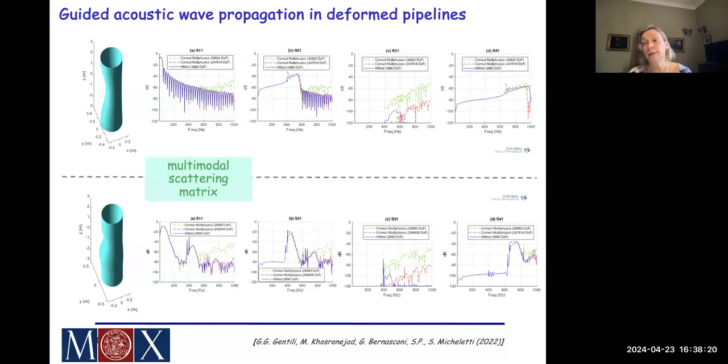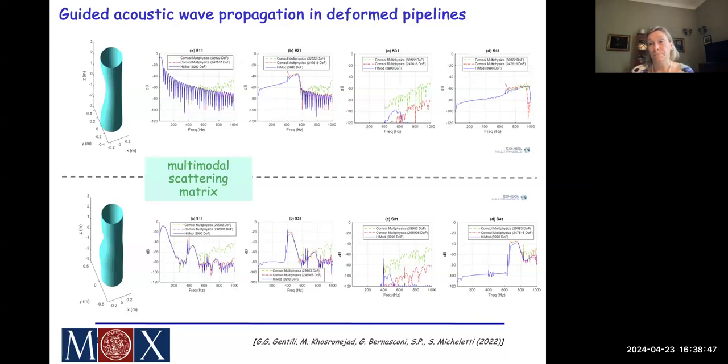And the configuration is essentially this pipeline. Here you have two settings characterized by two different types of deformation. So we have a restriction on the top and an enlargement on the bottom. And then you have to think about two ports associated to this device, an input port and an output port.